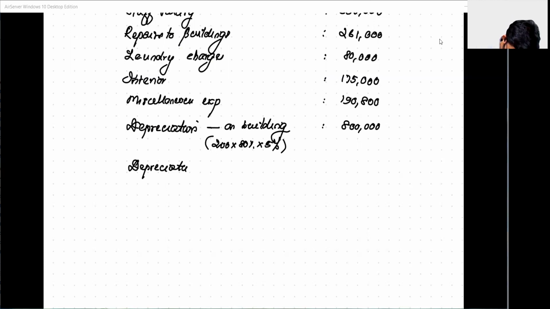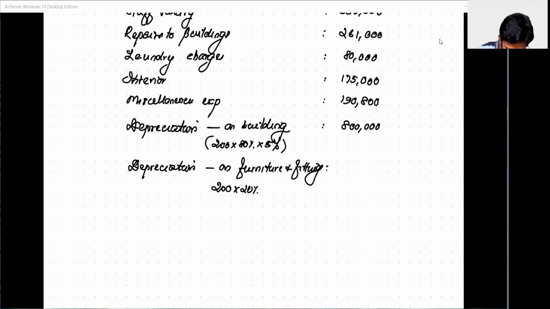Then next, depreciation on furniture and fittings. It is 200 lakhs into 20% into 15%. 200 lakhs, 2 crores into 20%. Okay. So it is 40 lakhs into 15. It is 6 lakhs. So that is the depreciation.